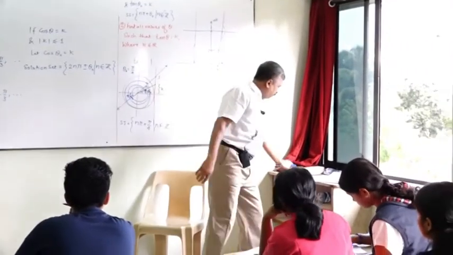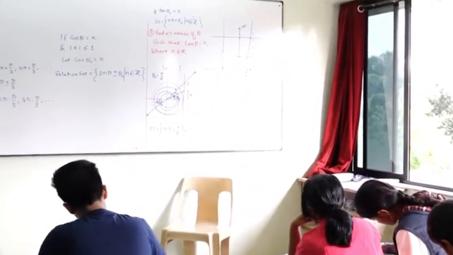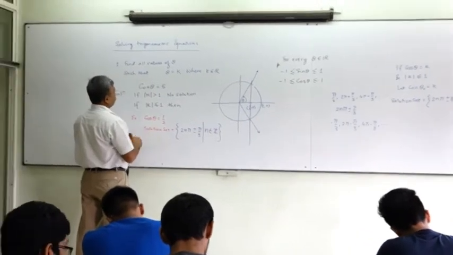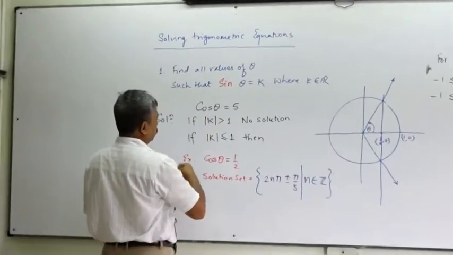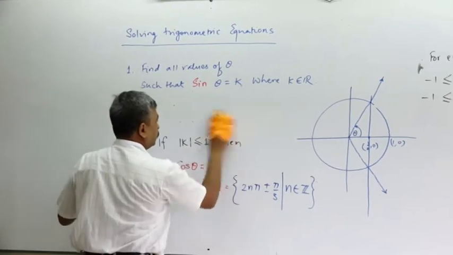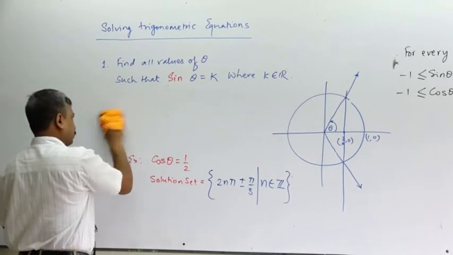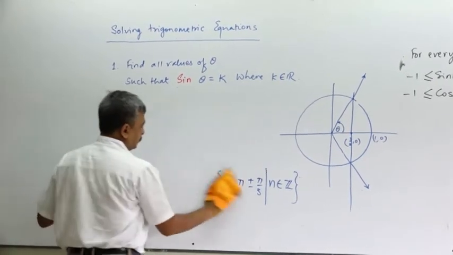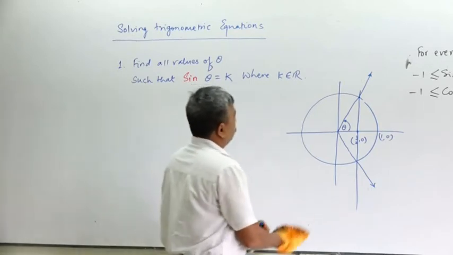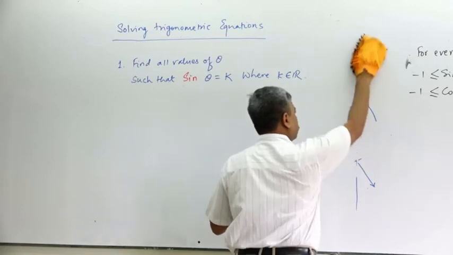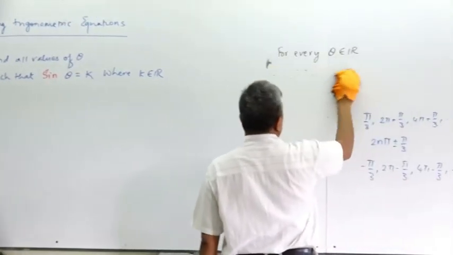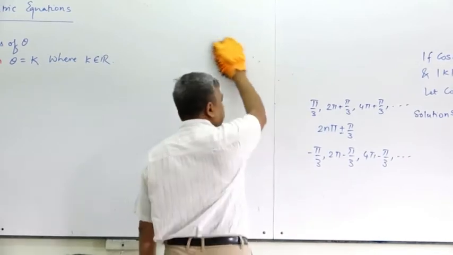So these are the two, and of course the third one is sine. Find all values of theta such that sine theta is equal to K. So now you try, because this is the third and it's supposed to be the most difficult to express in general form.